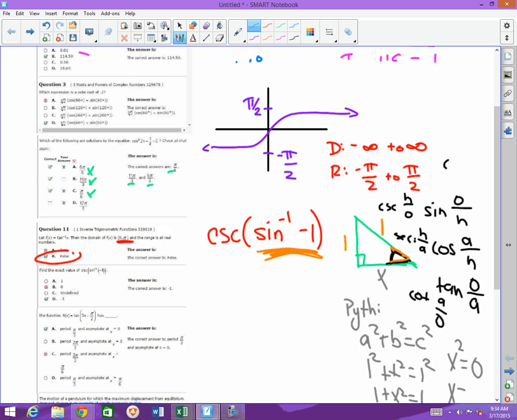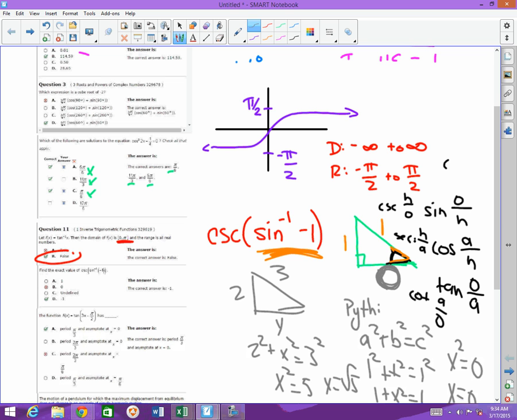So x has to be the square root of 0, which is 0. So this side is 0. And yes, I know that's not even a triangle, because this value is kind of weird. But if you had some other thing, like I said, if this was 2 and that's 3, then to figure out this side, you would say 2 squared plus x squared equals 3 squared. And so then x squared equals 5, so x equals the square root of 5. And then you could work from there. Hope that makes sense to you.